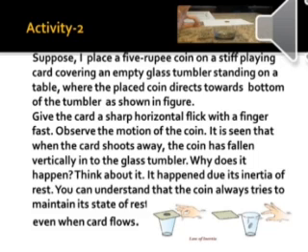So the coin always tries to oppose any change in its state. It means that it has a tendency to continue in its state of rest. Hence, it falls down. This tendency shown by this coin is known to you. What is that? Inertia of rest.